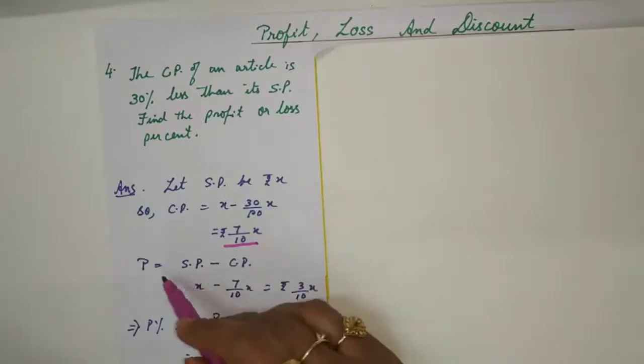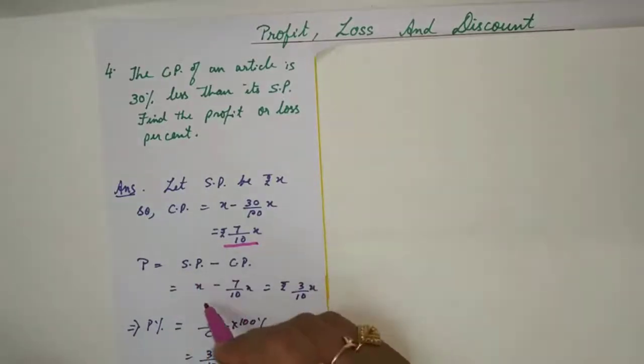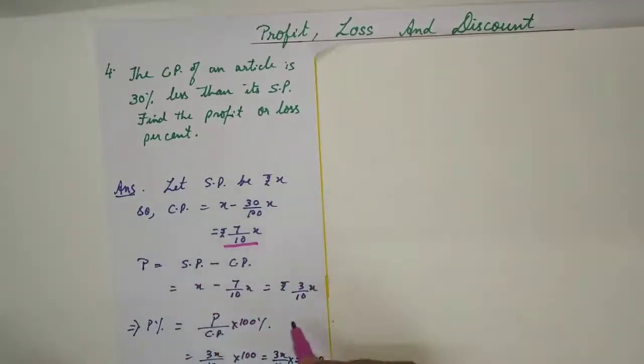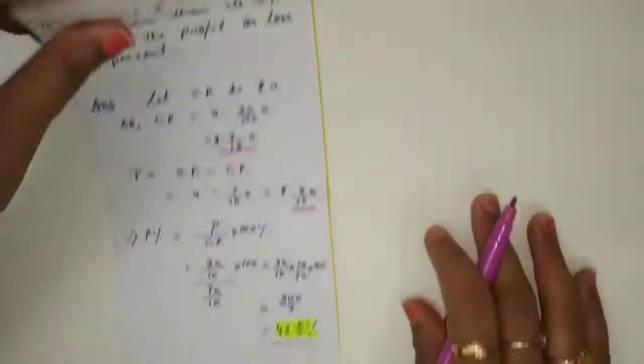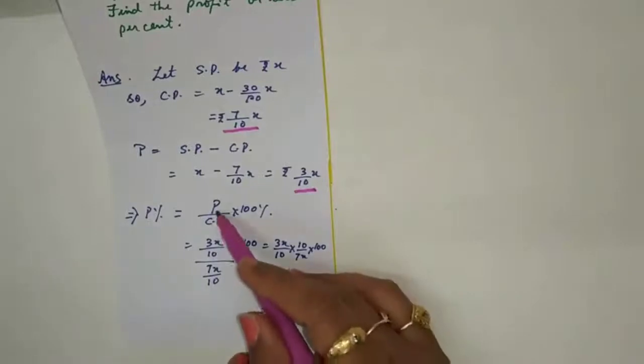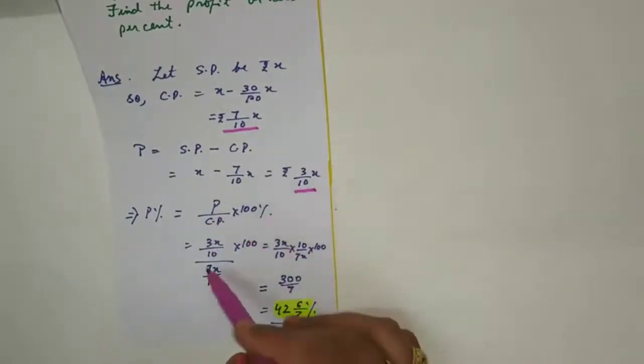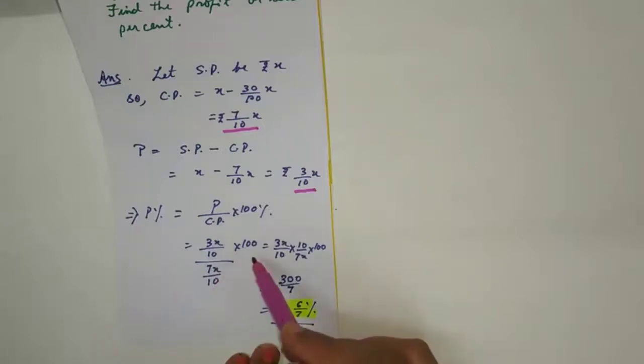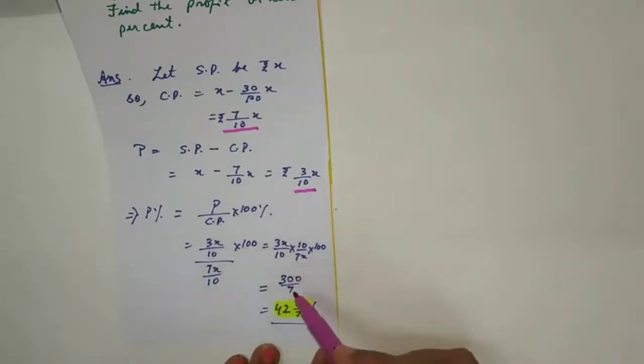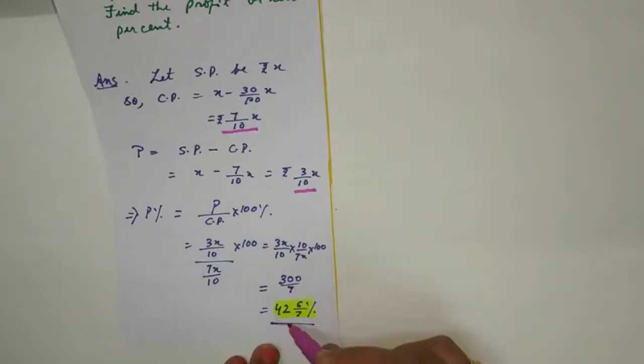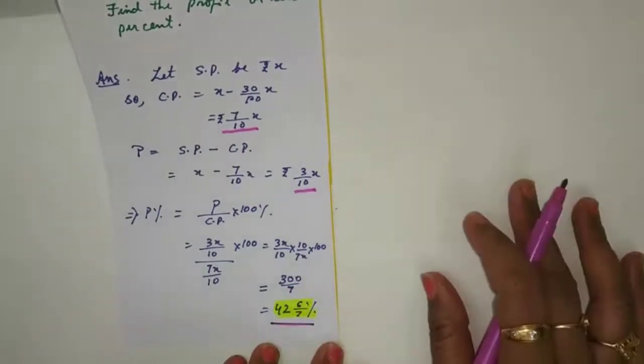We now know that profit is SP minus CP, X minus 7 by 10X, and we get the profit in terms of X. We come to the formula of profit percent, which is profit by CP into 100. We substitute 3X by 10 divided by 7X by 10 into 100. We reciprocate, we calculate, and we get the answer in the mixed form.